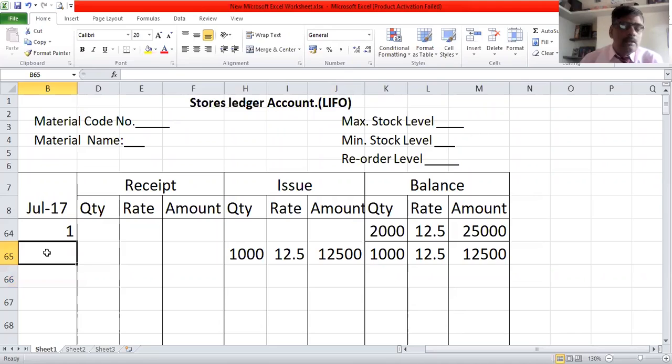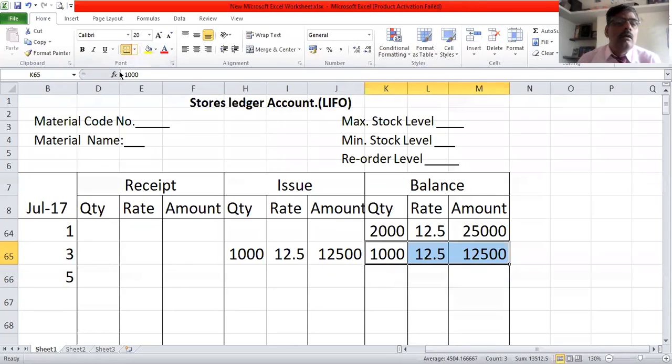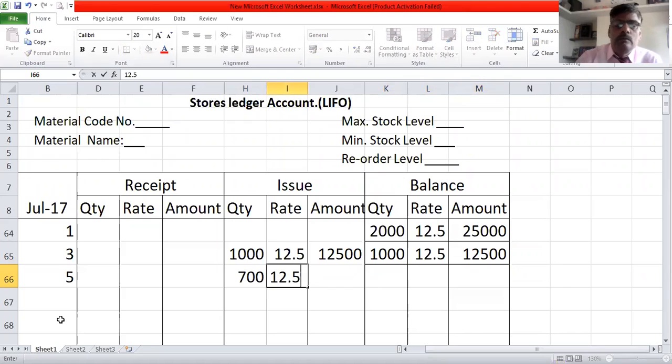Put the next date, 5. Again there is an issue, so you put an underline. Quantity issued is 700 units at the rate of 12.5. 700 into 12.5 is equal to 8,750, the amount.